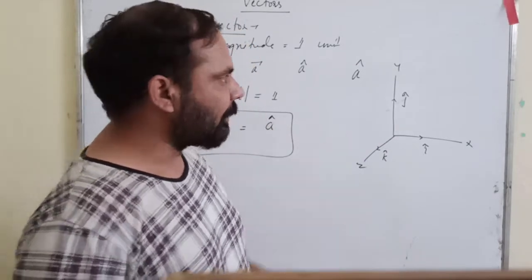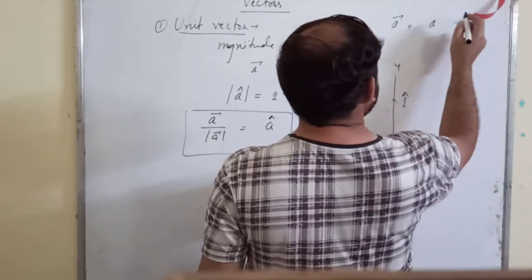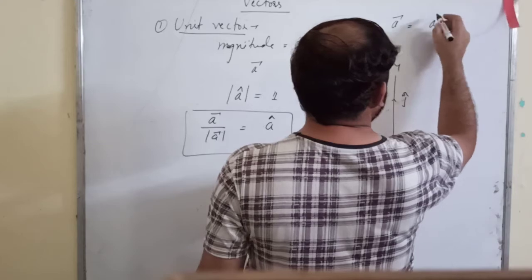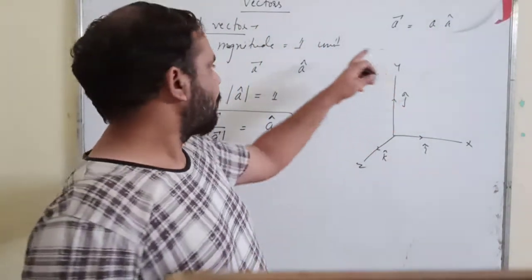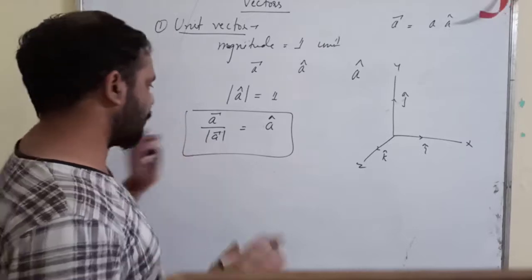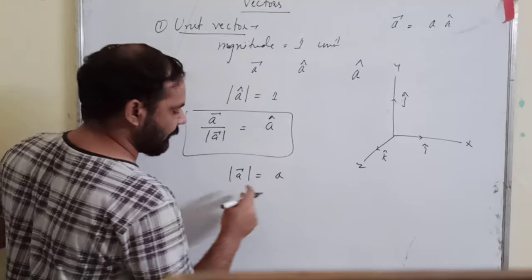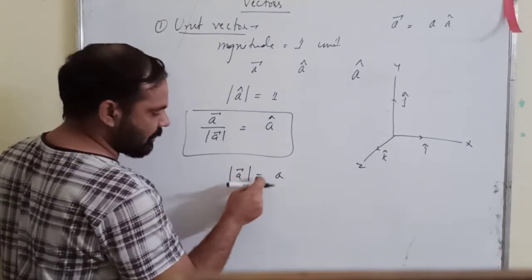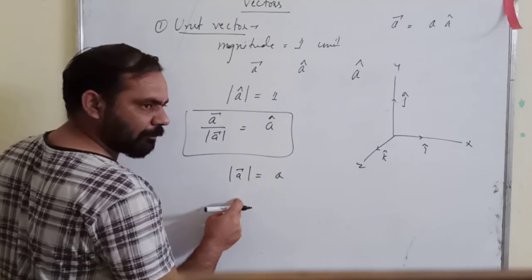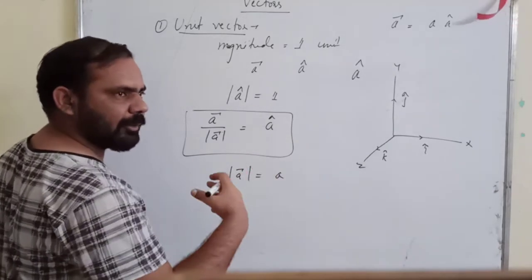One more thing you remember: suppose you have a vector A, then you can always write this as A into A cap. You can write the vector and put it between two bars. This is called the modulus of a vector. Modulus means the magnitude.